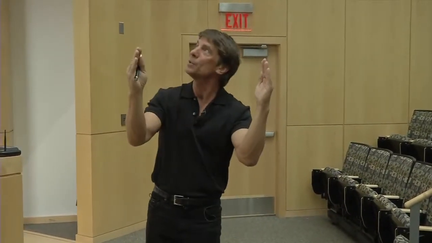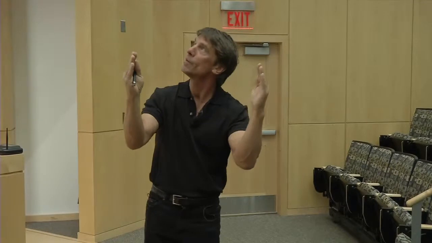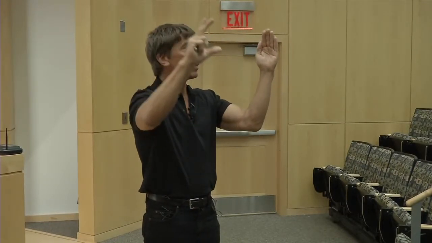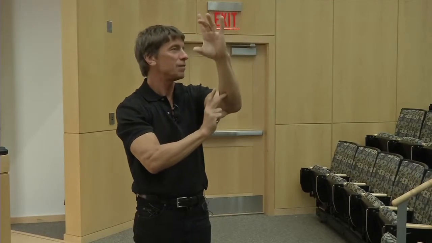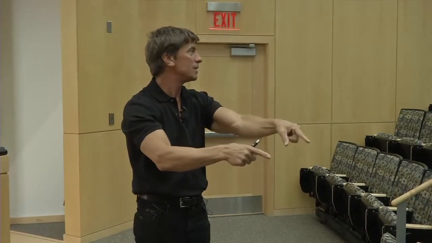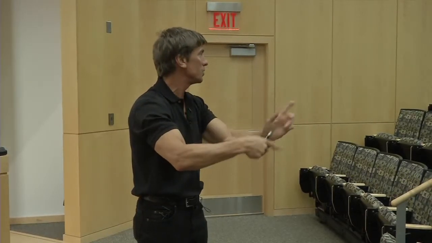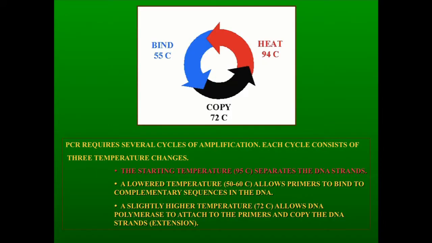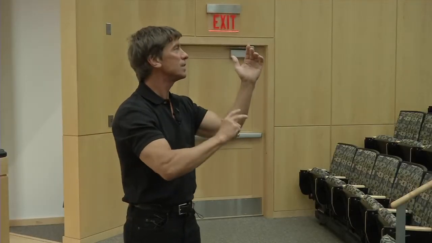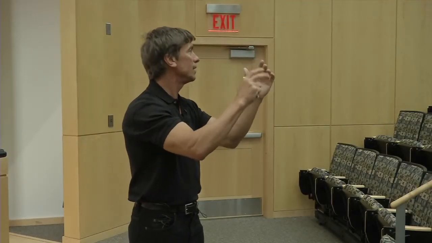I drop the temperature back down to 55 degrees, and the primers will bind to their targets, making a specific target only on that sequence that I've designed the primers to. Then I raise the temperature back up to 72 degrees, and the polymerase does its job, copying that strand.